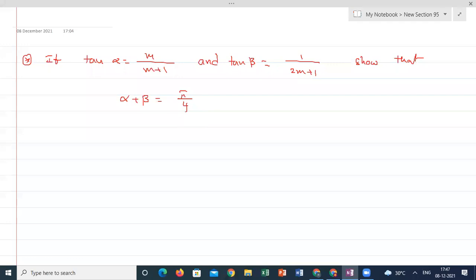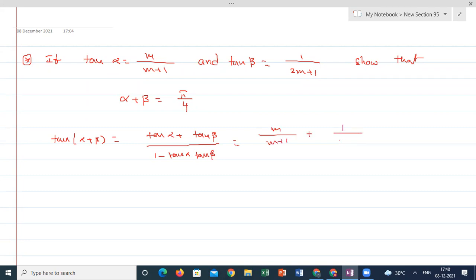Yeah, please. Sir, tan of alpha plus beta is m upon m plus 1 plus 1 upon 2m plus 1, that is tan alpha plus tan beta upon 1 minus tan alpha multiplied by tan beta. So direct substitution, correct? After solving, we'll get the answer as 1. So that is equal to tan pi by 4.